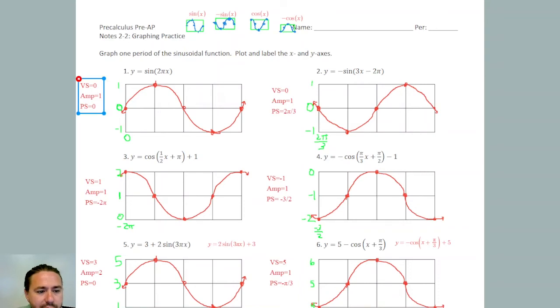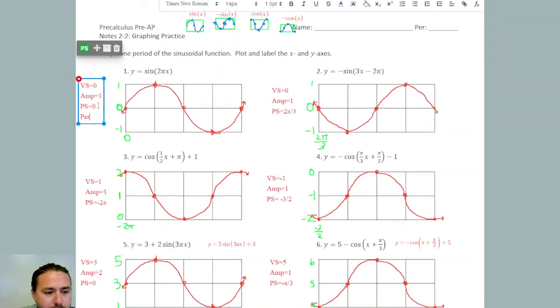So let's calculate that. So this one is going to be 2 pi divided by b, which in this case is 2 pi. So anytime you divide something by itself, you just get 1. Okay? So what we do is we add the period to the phase shift to figure out where this window ends. So 0 plus 1 is just 1.